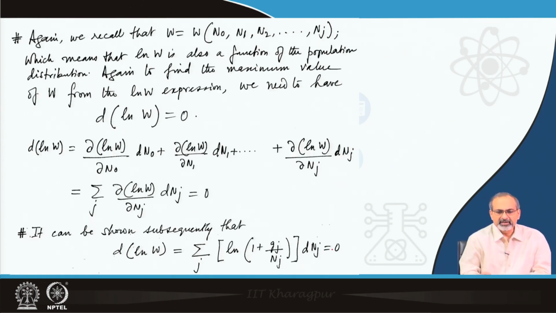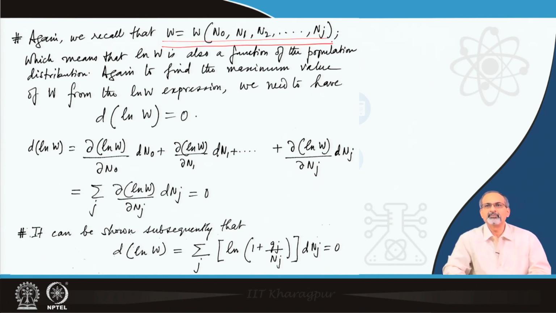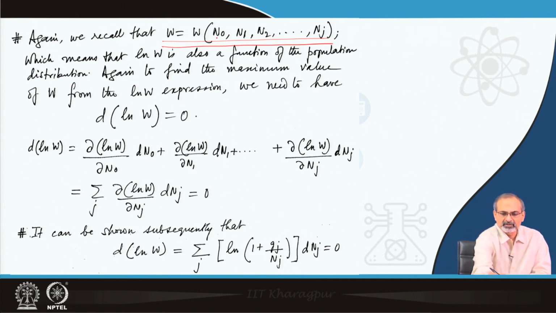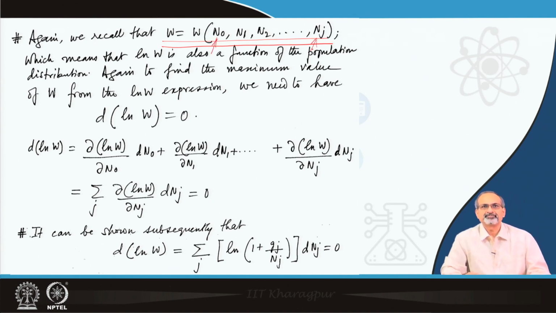Again, recall that we are talking about a population distribution. The moment we bring in the concept of macrostate, we are talking about a population distribution. Starting from the lowest energy levels to the highest, you have a distribution of molecules, which basically means that W is dependent on that population distribution. Therefore, log W is also a function of that population distribution, and if you want to maximize W, then if you take a differential of log W, that should be equal to 0.